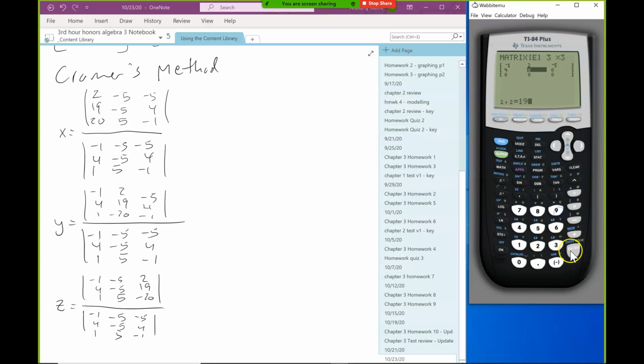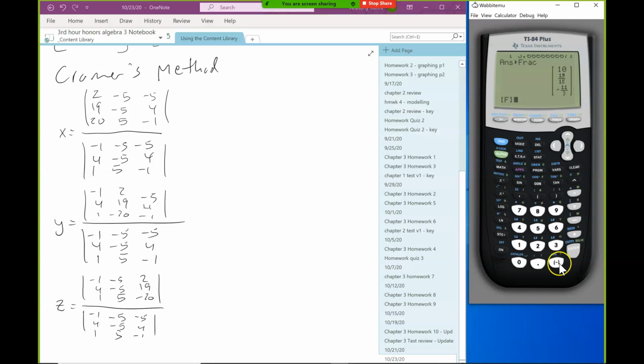Put it into fractions. I'll show you in a minute how we're going to do the next step, because we still need to take the determinants. I haven't mentioned how to do that yet.